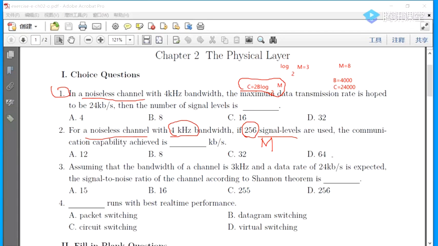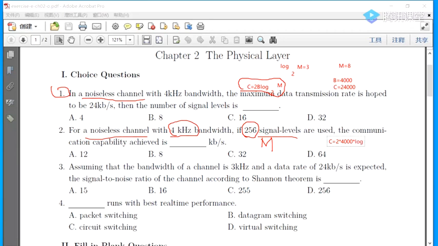So the capacity capital C is 2B, 2 times B, and B is 4 kilo.